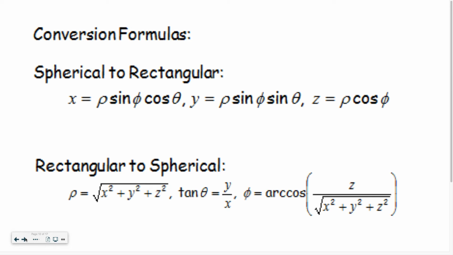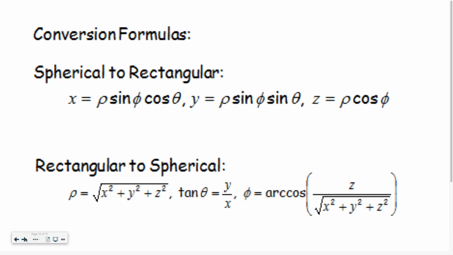Rectangular to spherical, we still have tangent of theta equals y over x. We still have that rho is the distance from 0, so it's the distance formula. And then phi. Once you write this down, I'll go back to the picture and point out a couple of things.